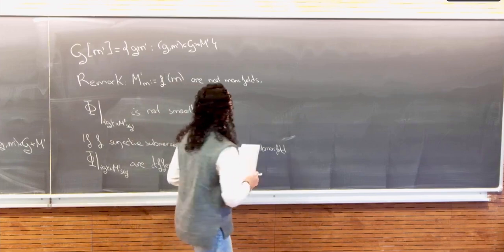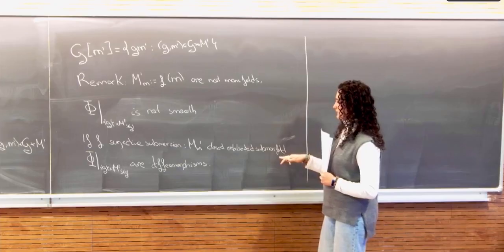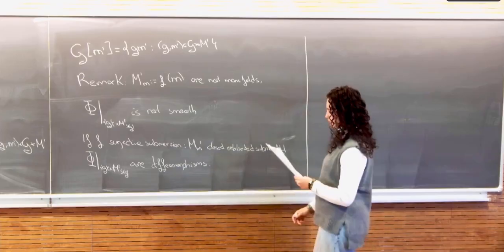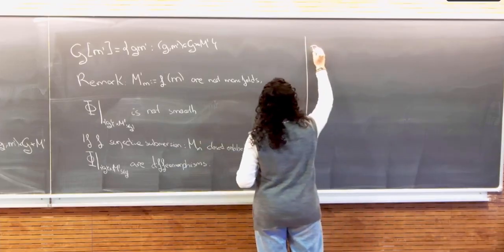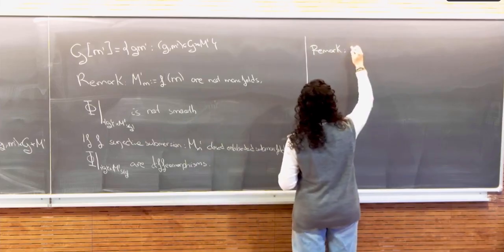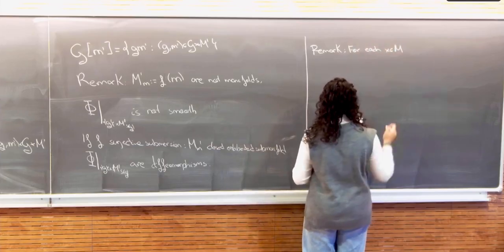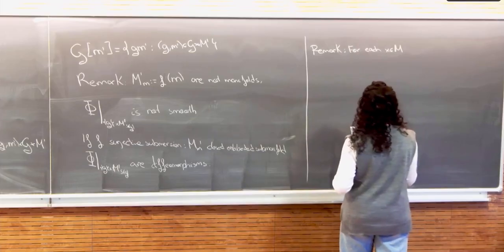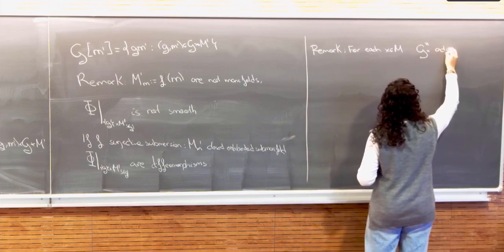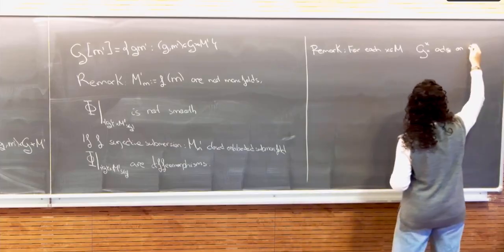Okay, so if we have that the fibers are submanifolds and the maps are smooth, then for each point in M, the isotropy groups act on the fiber.